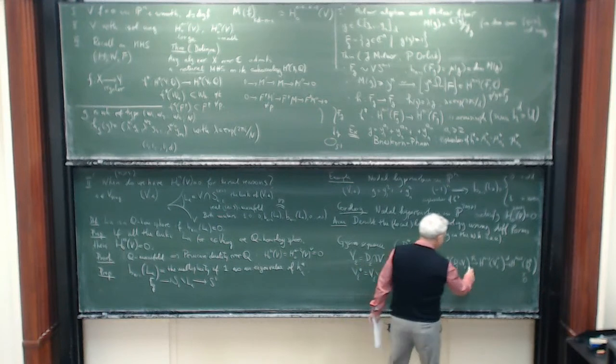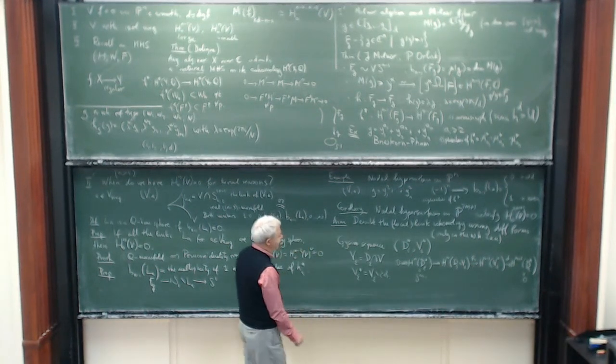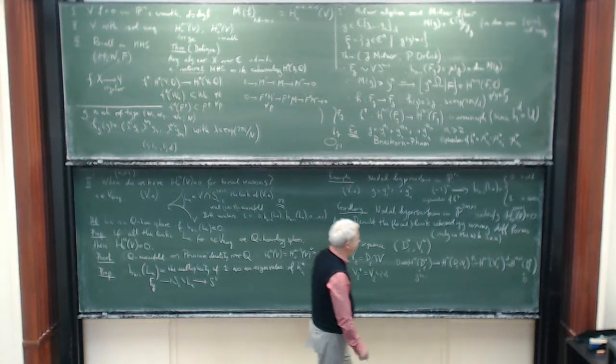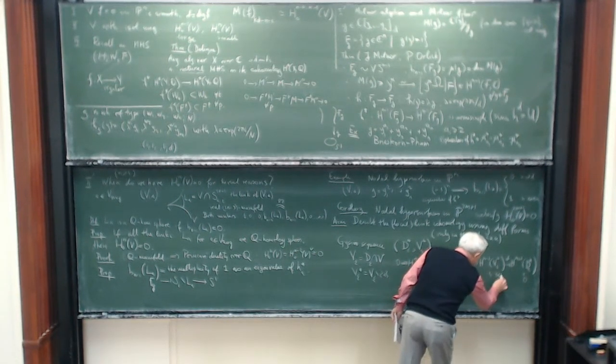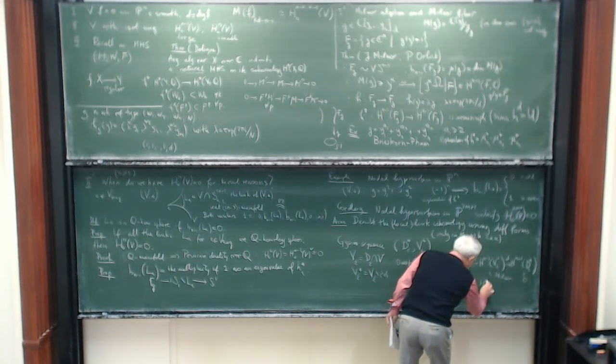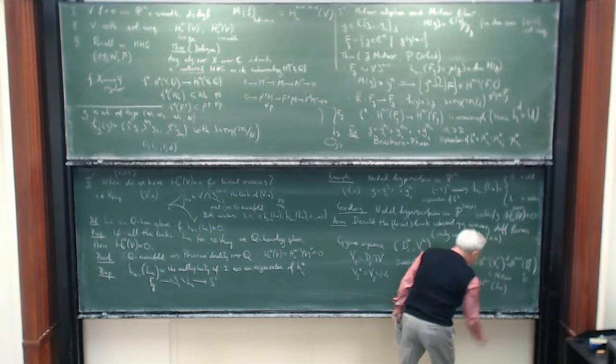This means that the Poincaré residue is an isomorphism. Moreover, this group here, again by Milnor, is just H^(n-1) of the corresponding link.